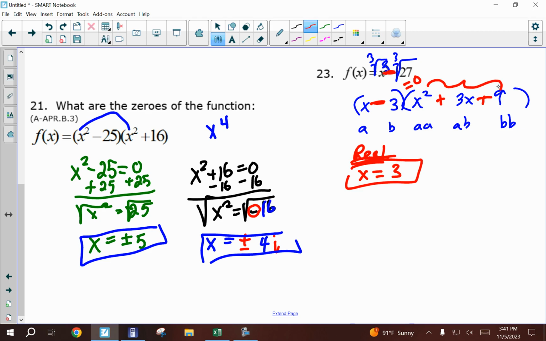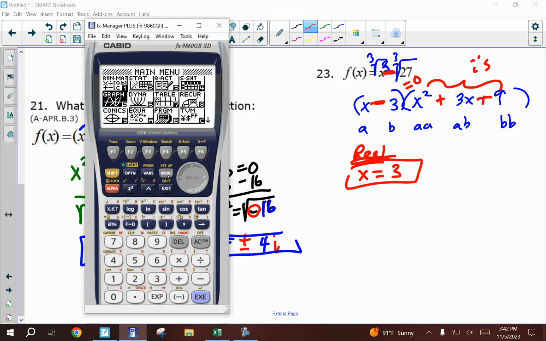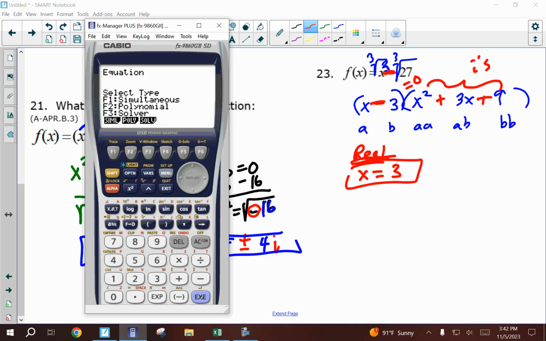It never factors nicely. So this one right here, chances are it's going to give us i's, and I can show you in the solver. Let me go over to the solver menu. I'll go into my equation solver, and I know it's not going to work because there's not 2 numbers that multiply to 9 and add to 3. So check this out.